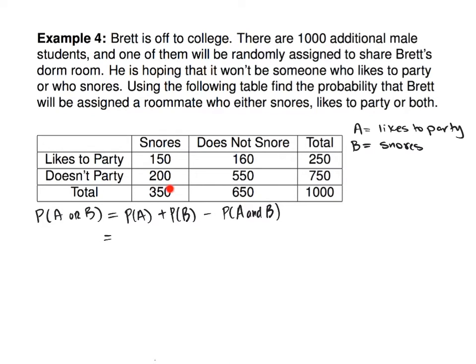Well, there's likes to party right there. 250 total students like to party. So 250 out of 1,000. Probability of snores. Well, there's that many snores, 350.